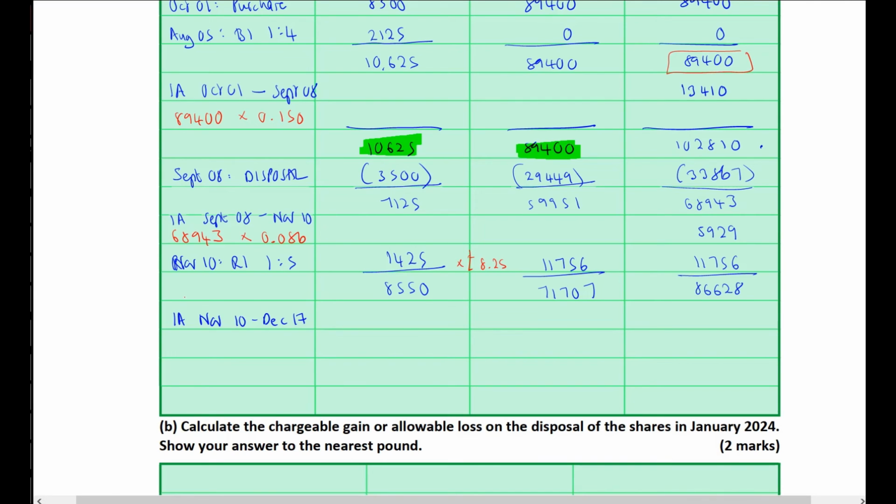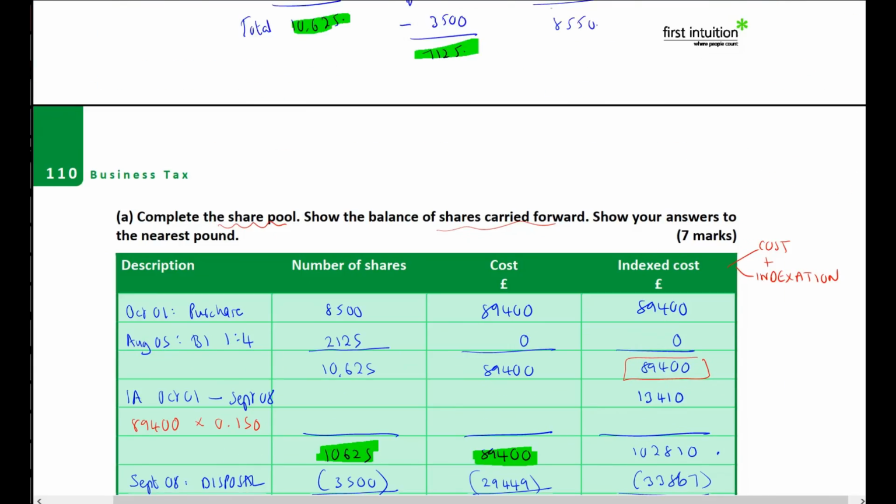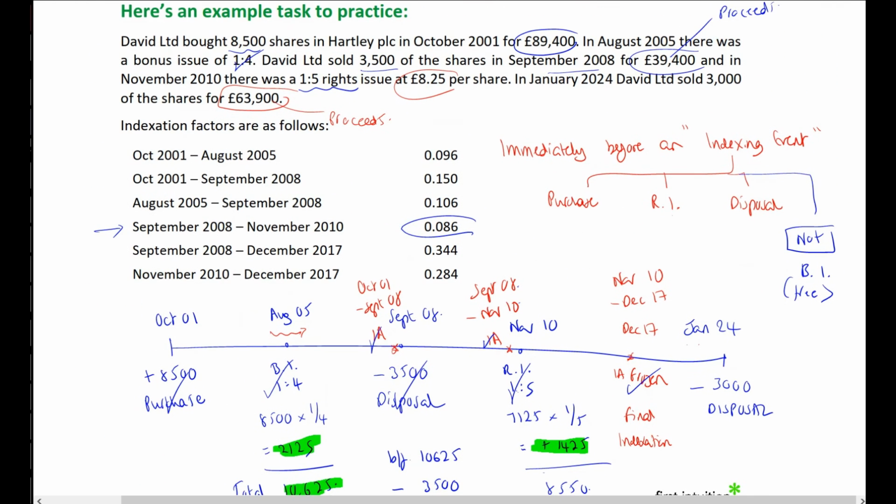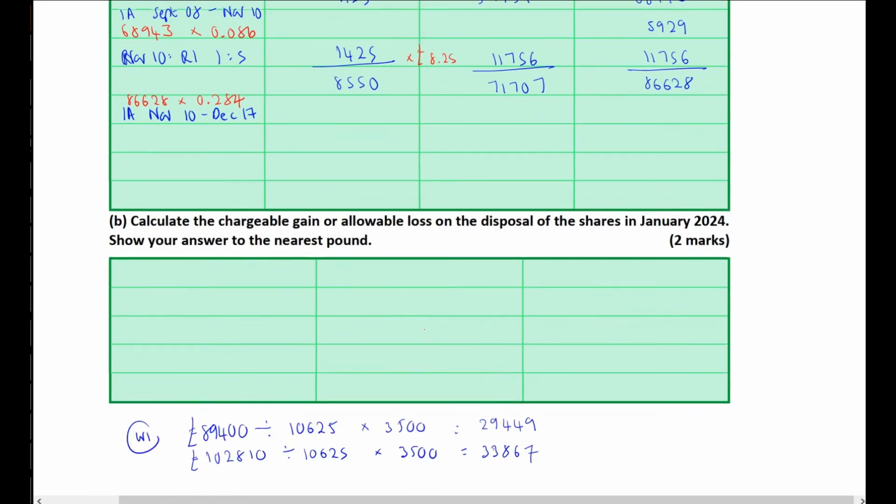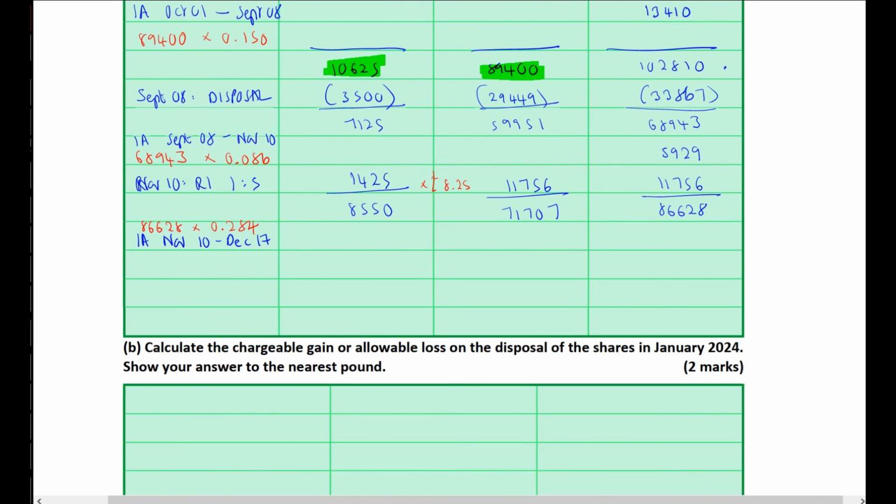I index the index cost column. So picking up the indexation, November 10 to December 17, that one, 0.284. And bear in mind, the question may well give you indexation factors that you don't need, because it wants to see if you know which ones are the right ones.